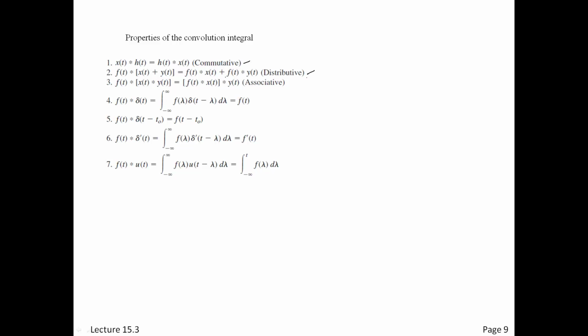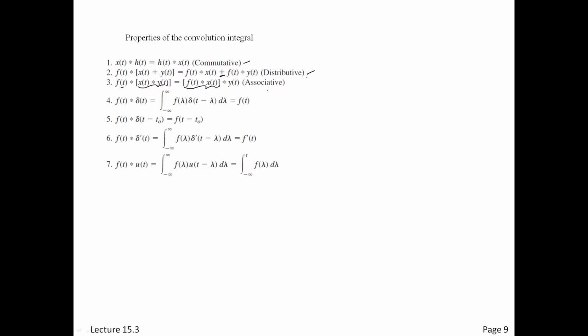We like that, this nice summing property. It gets preserved. They're associative, so I can associate these, or I can associate it this way. Just nice algebraic properties that we like to see.